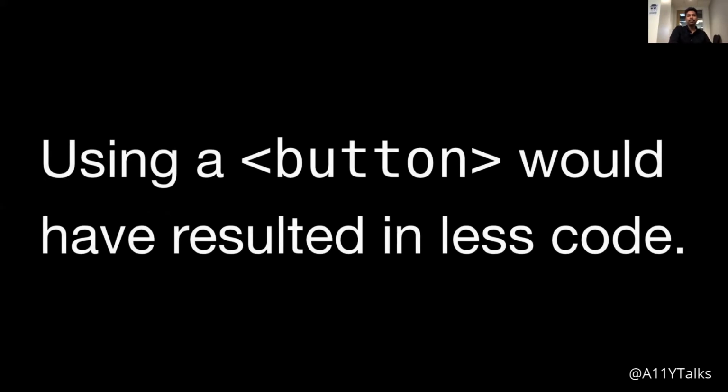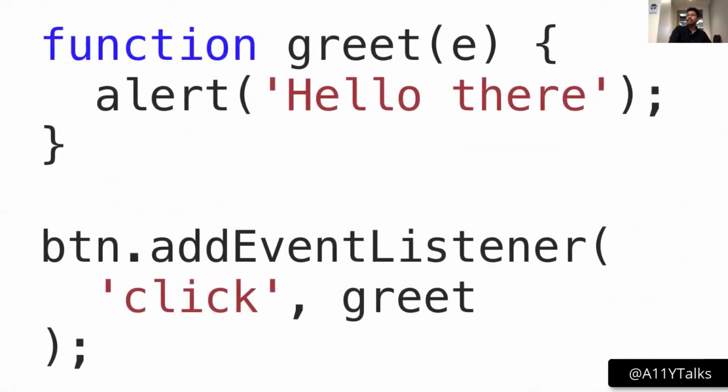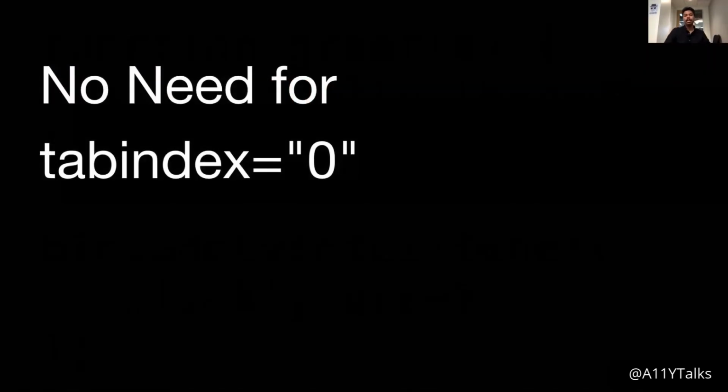But using a button would have resulted in less code. The markup is now a button with the text greet, and we have the same greet function added as the click handler. And that's all. No need for tabindex 0, as button is a focusable element by default.